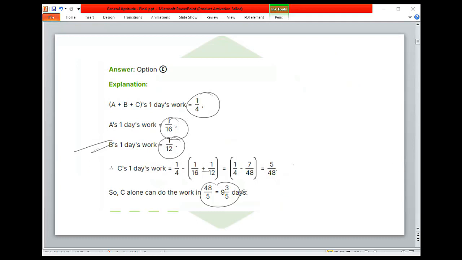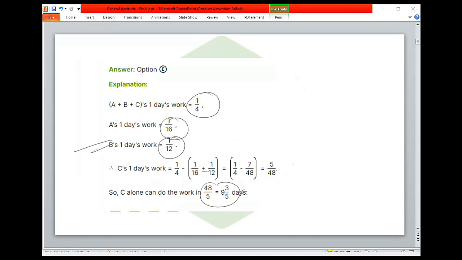Understood, everyone? Just check the solution, like over here it's complete on a single page.